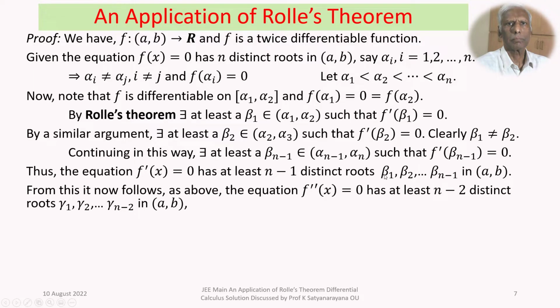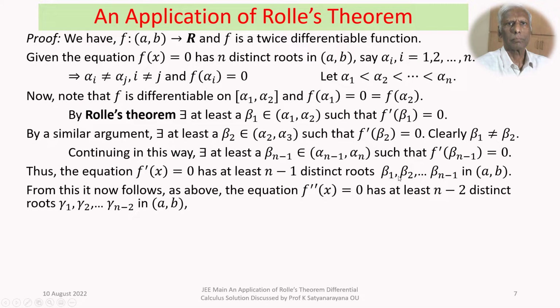Now concentrate on beta 1, beta 2. f prime x is differentiable on the closed interval beta 1 to beta 2, and f prime beta 1 is equal to f prime beta 2 is equal to 0.